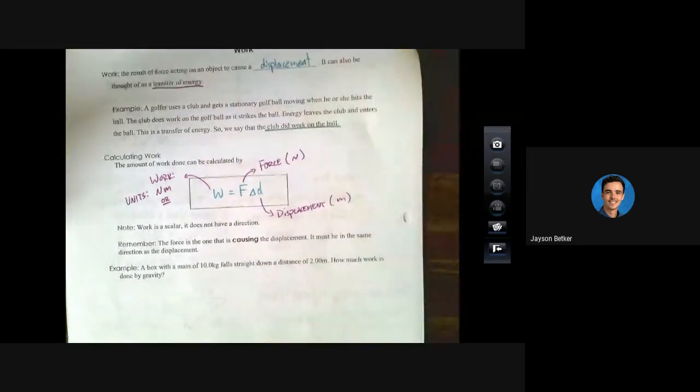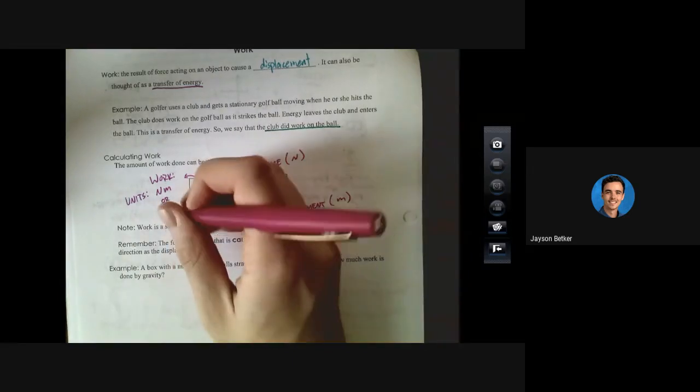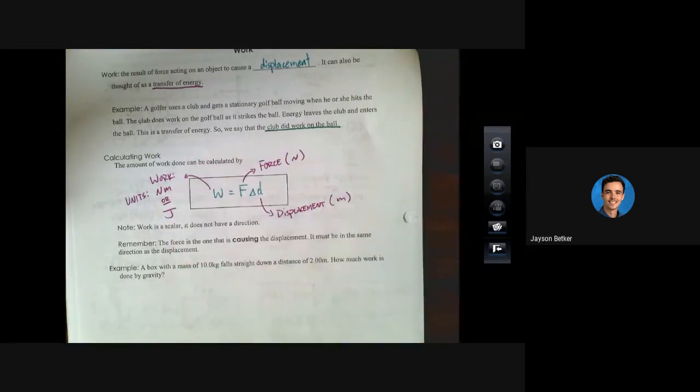Quick, right now, you can pause, tell me what the unit of energy is. It's a joule. So a joule is a unit of energy. So since work can be thought of as a transfer of energy, we can actually measure it in joules.